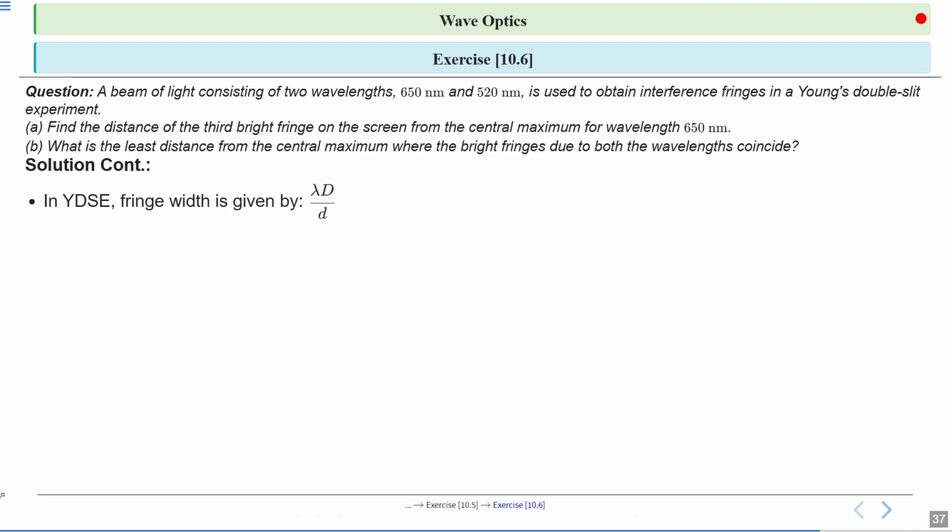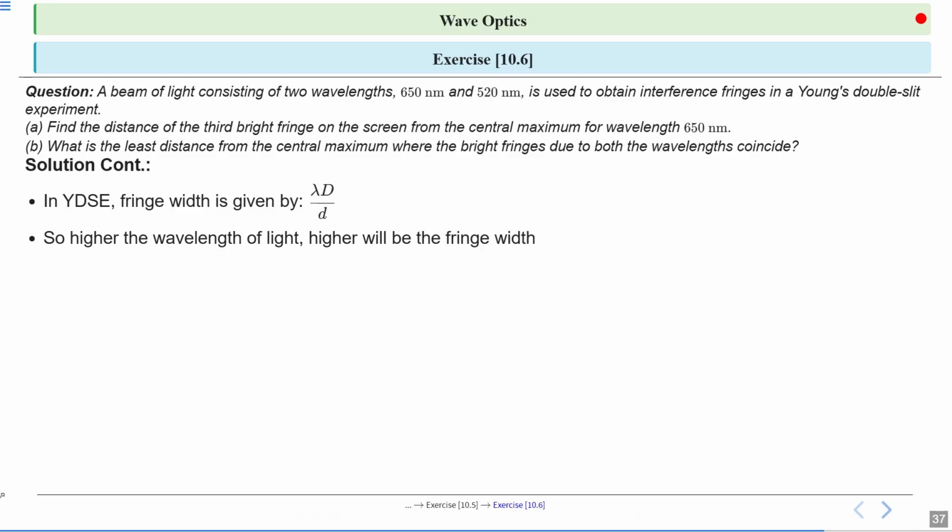So let's start by understanding the concept of fringe width in the Young's double slit experiment. The formula for fringe width is lambda multiplied by capital D upon small d, where lambda is the wavelength, capital D is the distance to the screen and small d is the distance between the slits. So fringe width is directly proportional to the wavelength. This means that as the wavelength increases, the fringe width also increases.